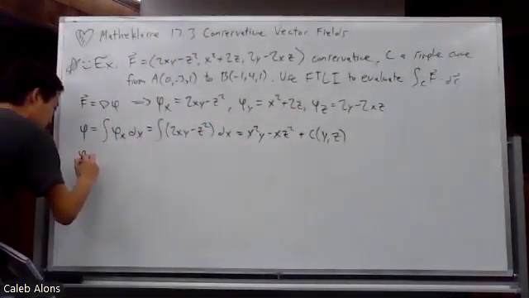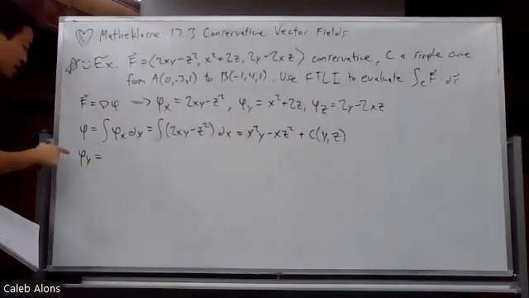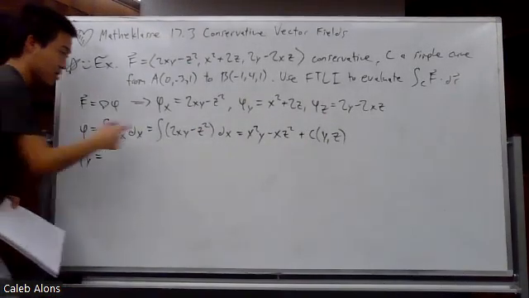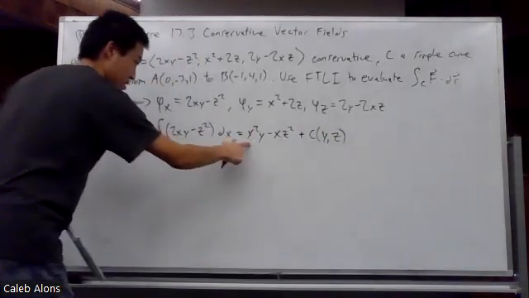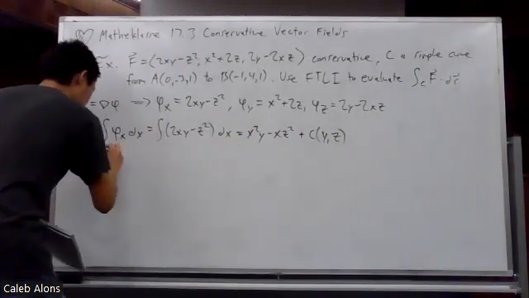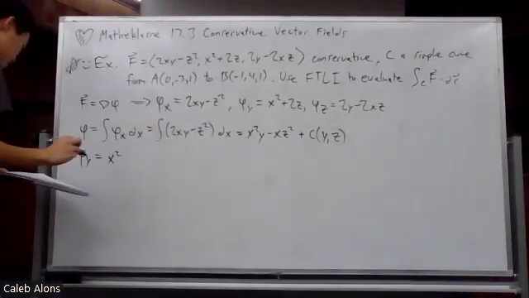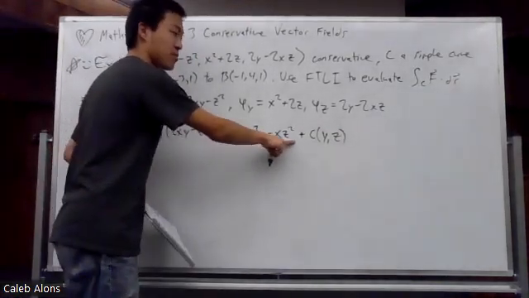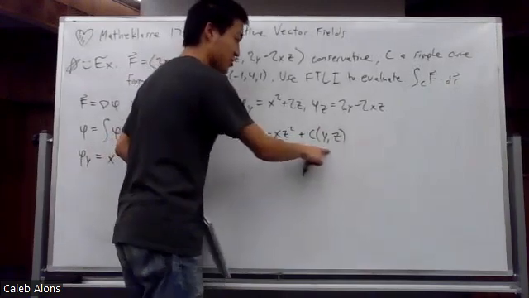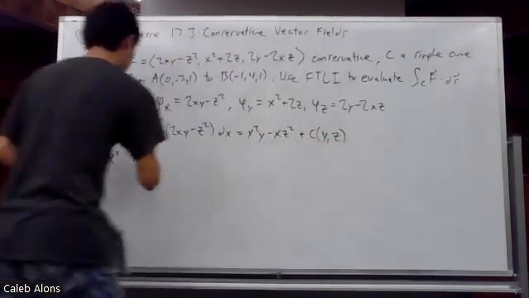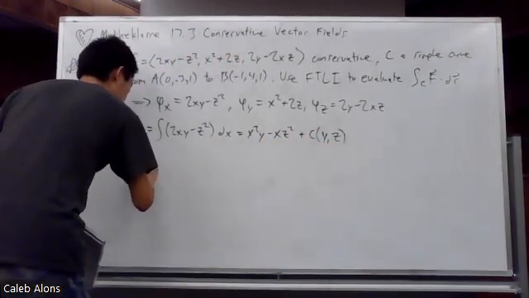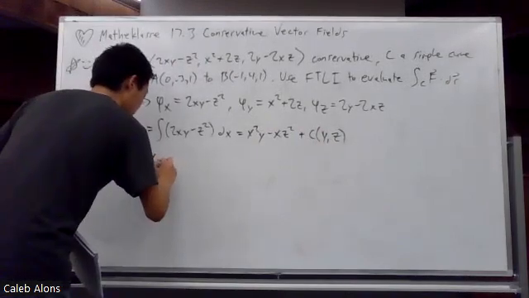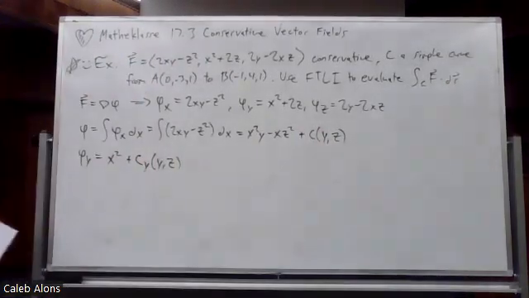So phi y, right? Let's pretend this is our answer for a second. So phi y of this, that's just going to be x squared. And then, are there any y's here? So that's going to go to 0. Now here's some function with y's and z. So we're going to have the partial derivative with respect to y of whatever combination of y's and z that is.